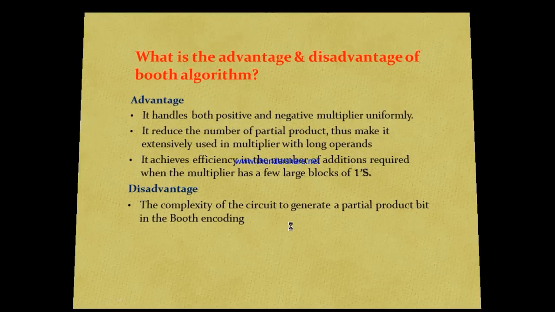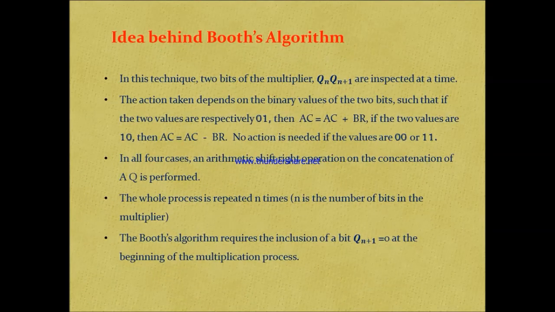Now we'll see what is the idea behind the Booth algorithm. In this technique, 2 bits of the multiplier, that means Qn and Qn plus 1, are inspected at a time.